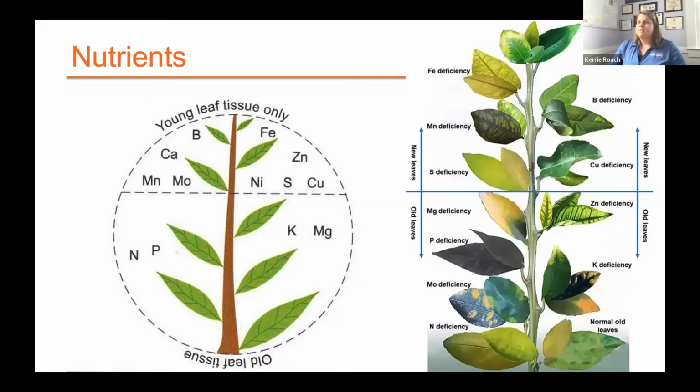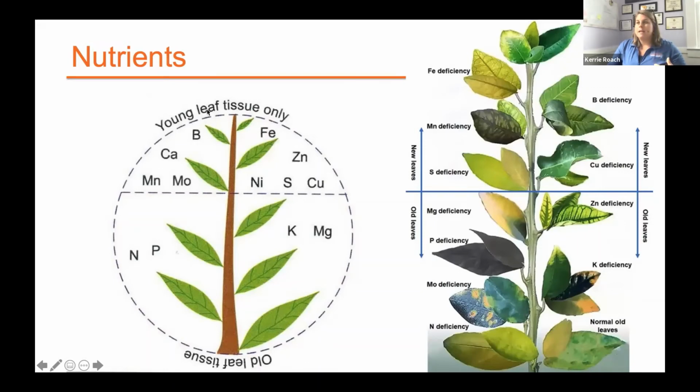So these nutrients right here in the circle, this is kind of the basic graph to help us remember. When we look at leaves as extension agents or as growers, you can tell so much from them.